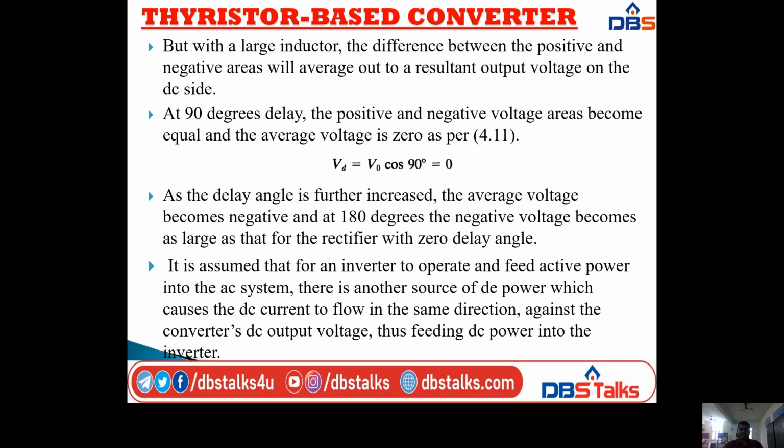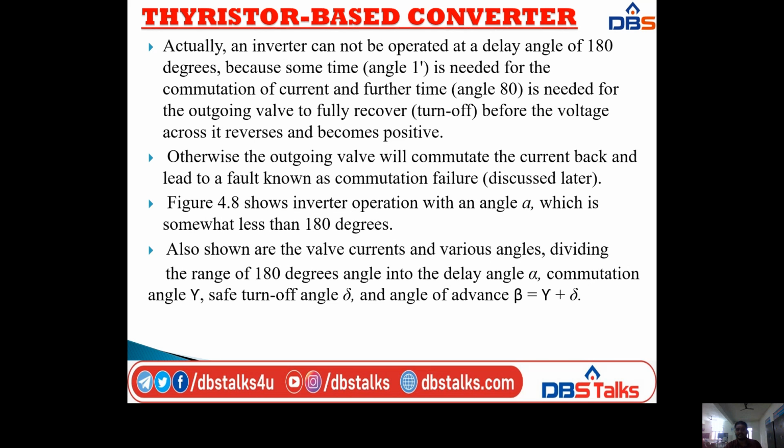Actually, an inverter cannot be operated at a delay angle of 180 degrees, because some time, the angle gamma, is needed for the commutation of current, and further time, the angle delta, is needed for the outgoing valve to fully recover, that means turn off, before the voltage across it reverses and becomes positive.